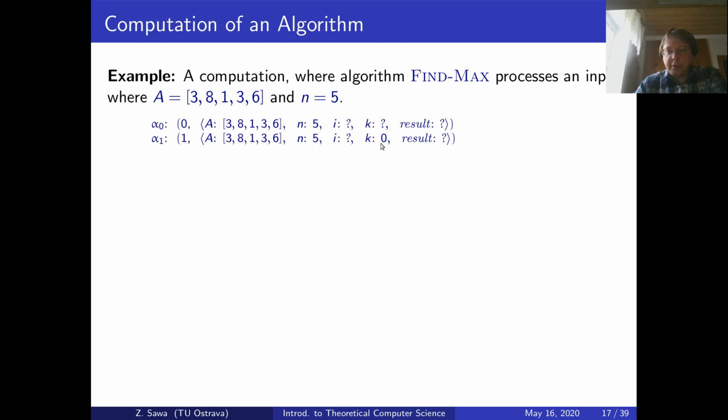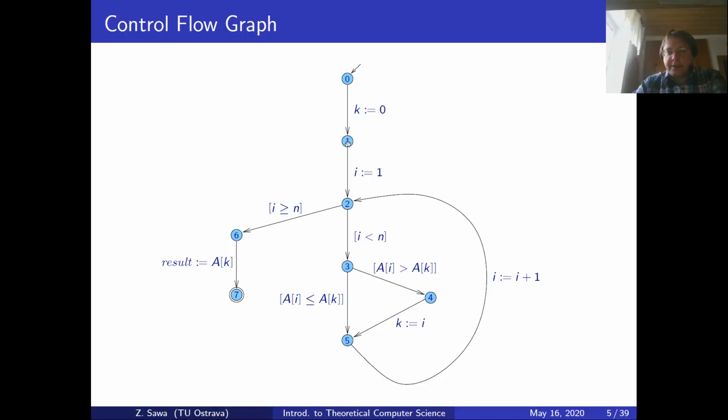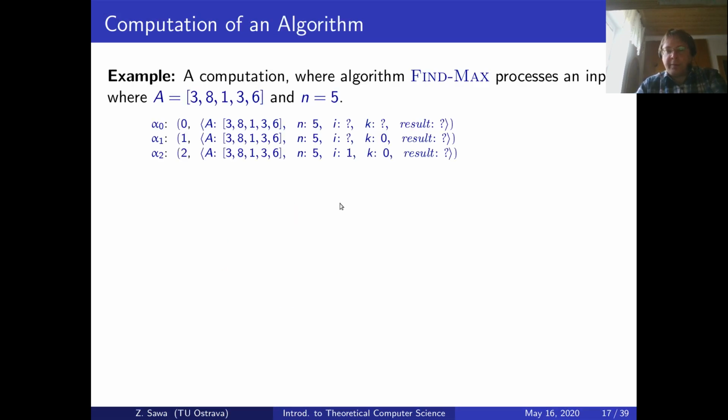So after performing this first step, we are in configuration alpha 1, and there is this instruction that assigns value 1 to I, and the next control state is 2. So after performing this, variable I has been initialized to value 1, and again the content of all other variables remains the same.